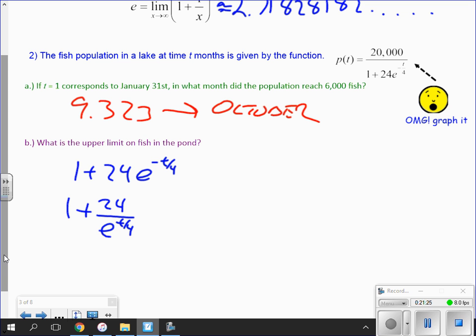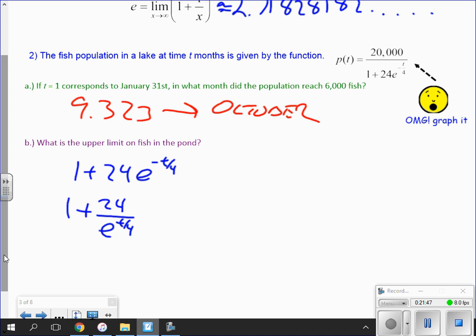And how fast does it grow? What do the exponentials do? They start out slow and they get really steep. So this number gets really large really fast. If I have 24 over something that is tremendously huge, what is this part going to go towards?